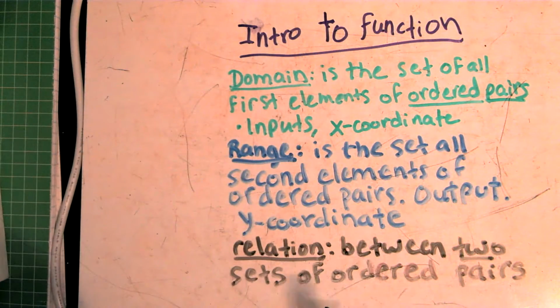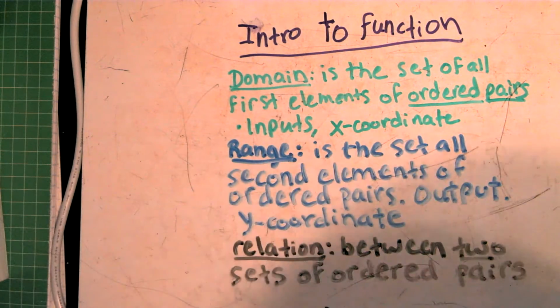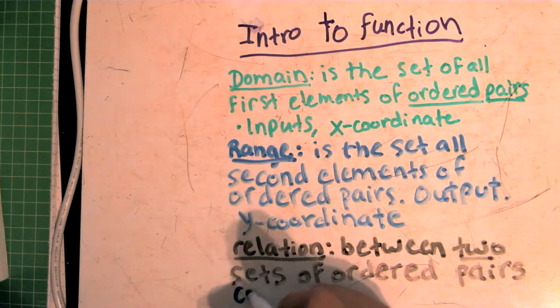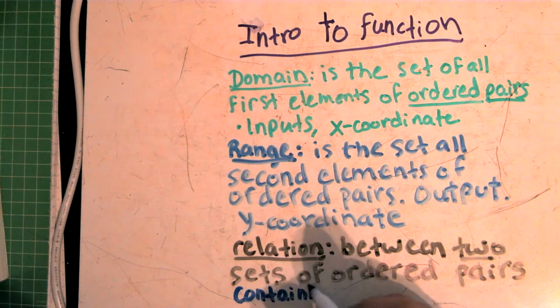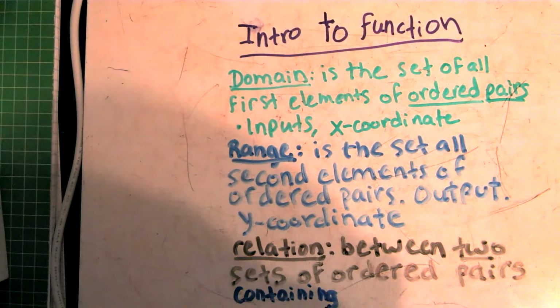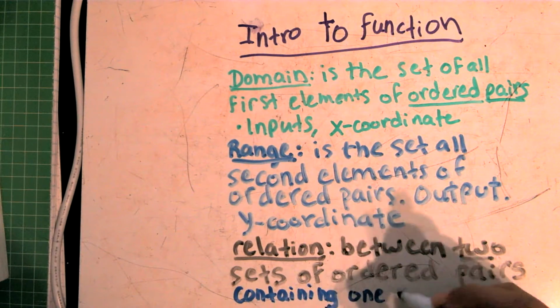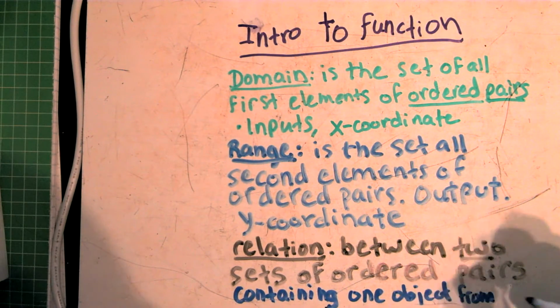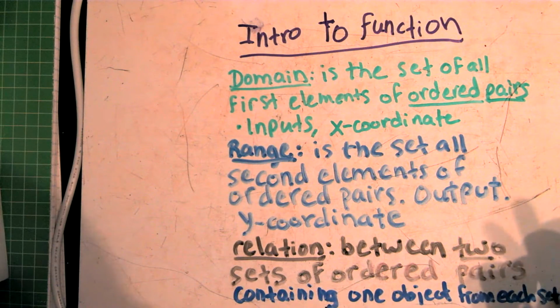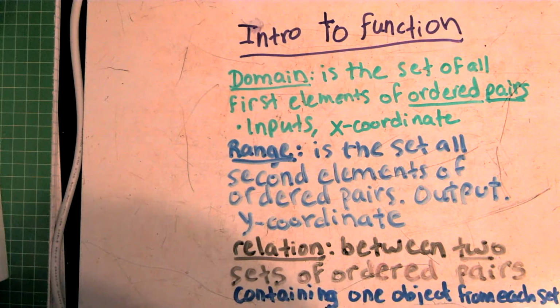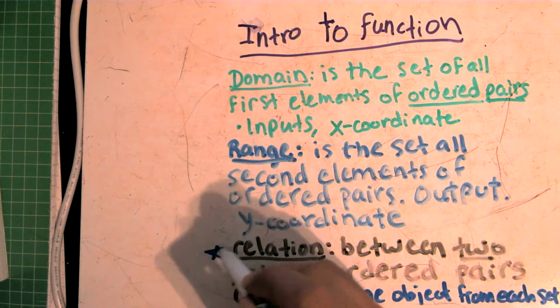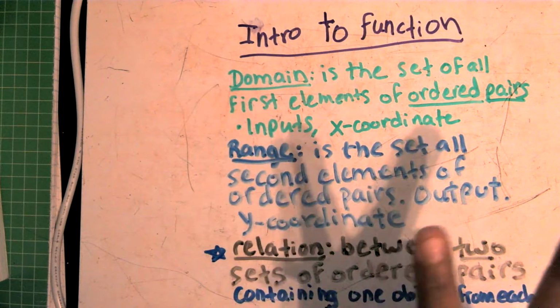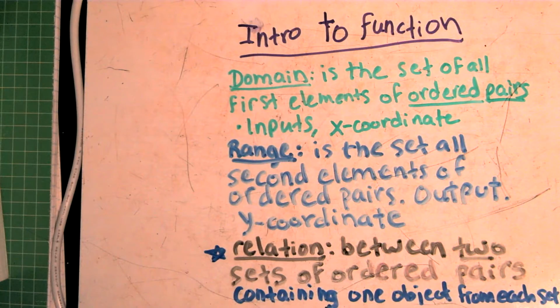So a relation between two sets of ordered pairs containing, I'm gonna have to throw this marker away, containing one object from each set. So relation, you're dealing with two sets containing one object from each set.